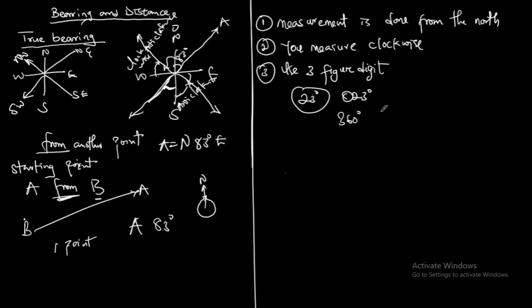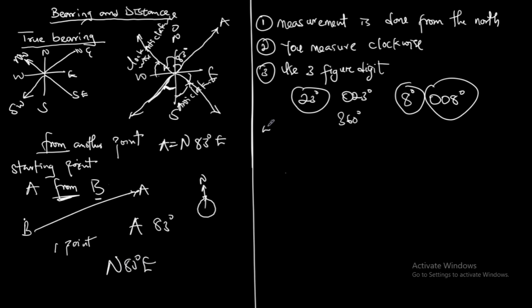So even if I'm going to write a single digit bearing, for example, 8 degrees, it must be represented in a 3 digit bearing, which is 008 degrees. So while representing your true bearing, you use 3-figure digits, unlike compass bearing, where you can have the north 83 degrees to the east, right? You can have 2 bearings written in between 2 or more letters.